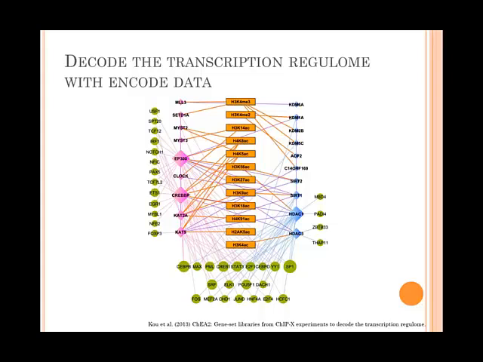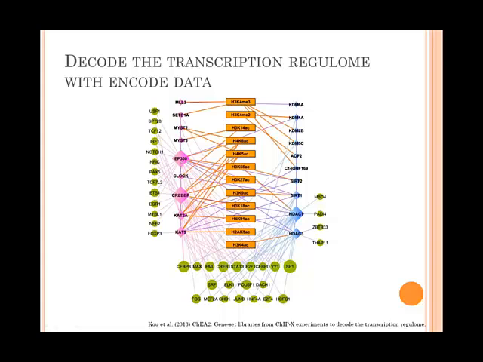So here is an example of how to use these data from ENCODE. Here is a figure from a study we did last year. We collected all these ChIP-seq data, and then we created a network consisting of transcription factors and histone modifications. We also connected them through the histone modifying enzymes.